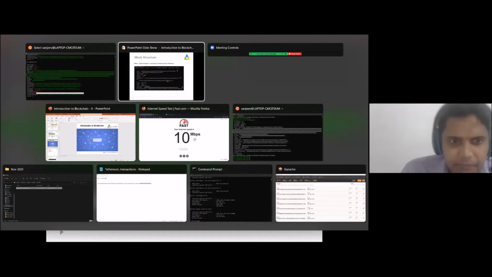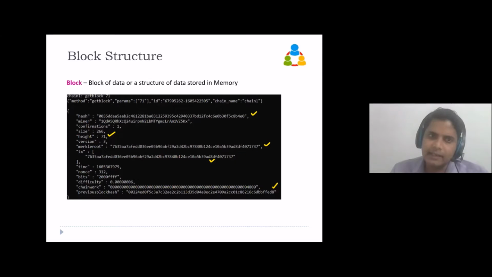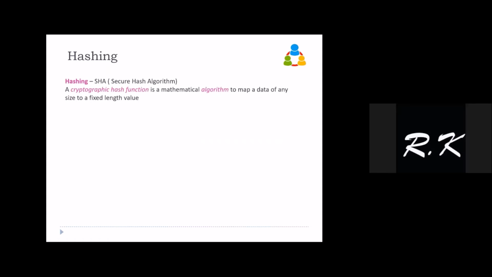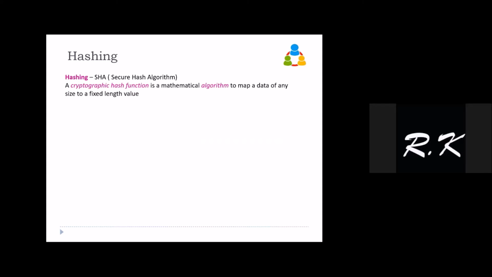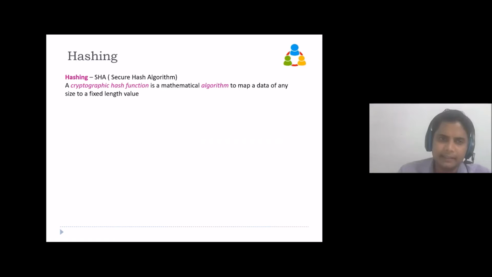So this is the block structure of the Bitcoin blockchain network. And this is what I said about hashing. I think we talked about hashing in the last session. SHA is a secure hash algorithm which is used to calculate a single digest. That's a mathematical algorithm which is used to map any long data. The data could be very small or a big string or even multiple lines or even a book.